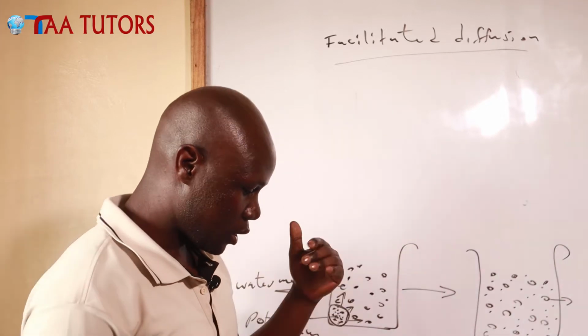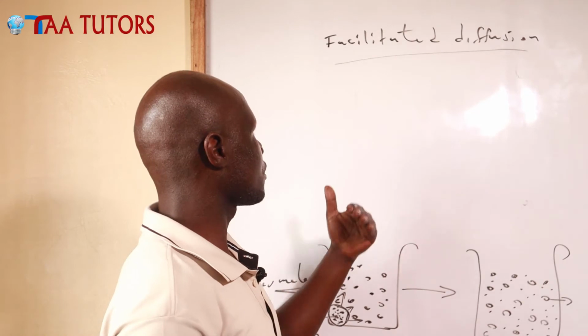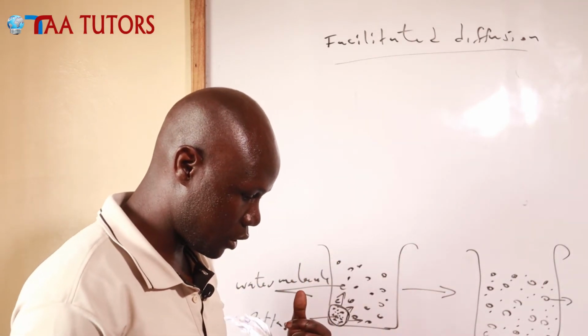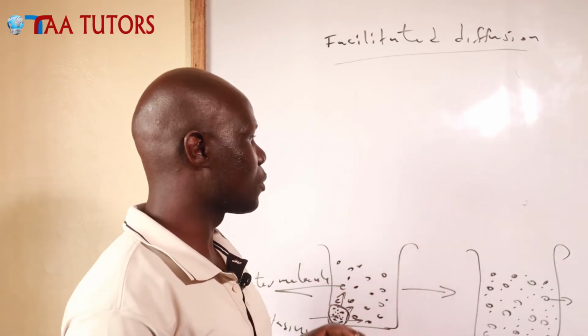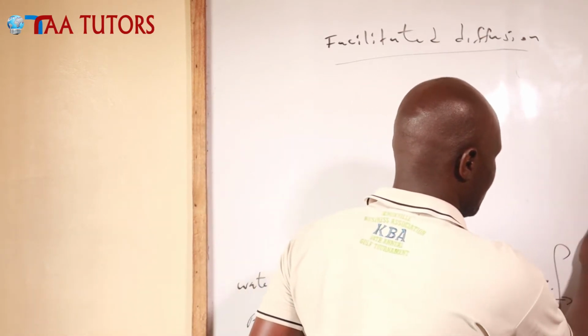We know that some substances can have charges on them. They can be strongly positively charged or strongly negatively charged, and they can be large molecules, and therefore they cannot just pass across the membrane of a cell because the membrane is partially permeable.